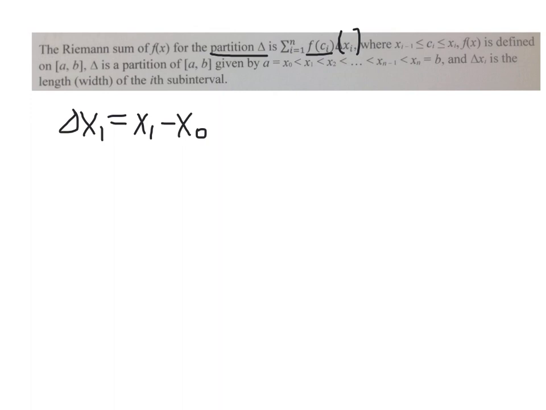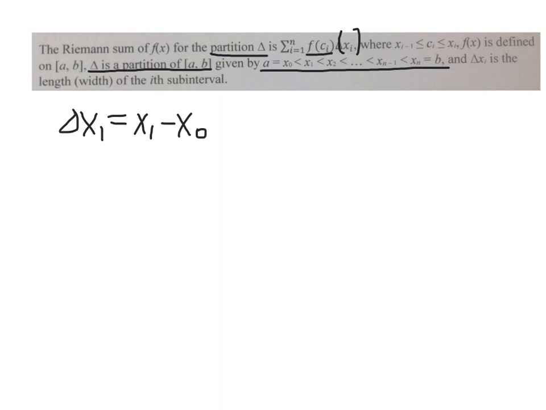Now we did kind of talk about this. The delta is the partition, and in this case we're listing them out in very general terms instead of 0, 0.5, 1, 1.5, and 2 like we did on the previous example.